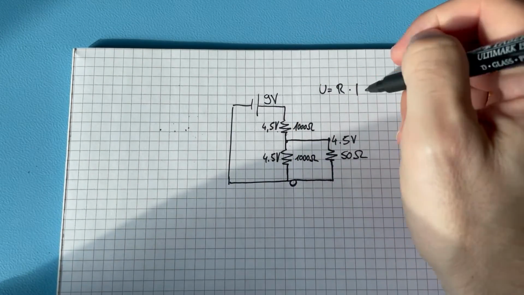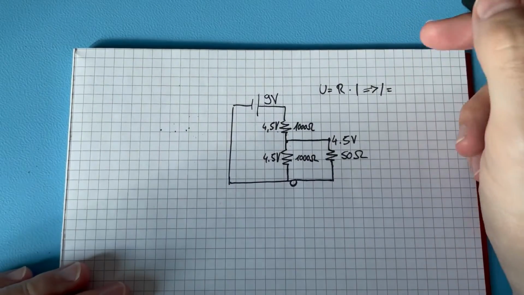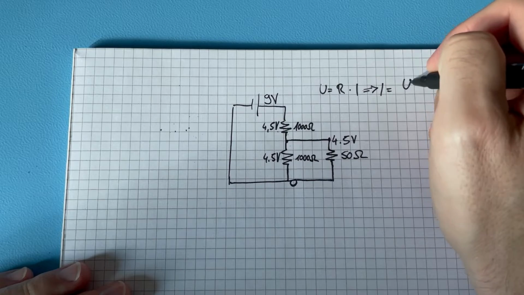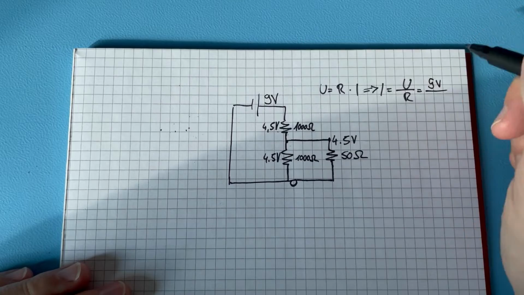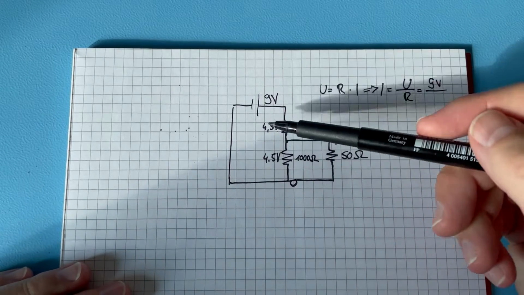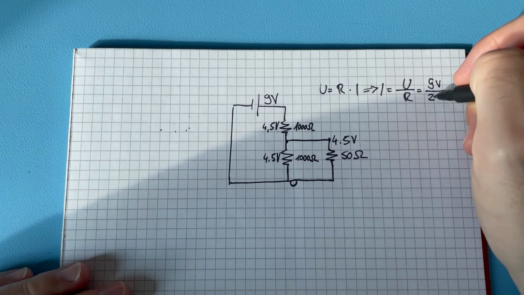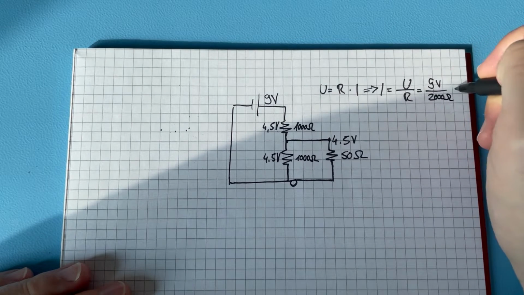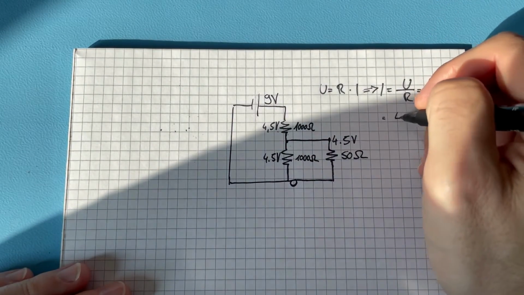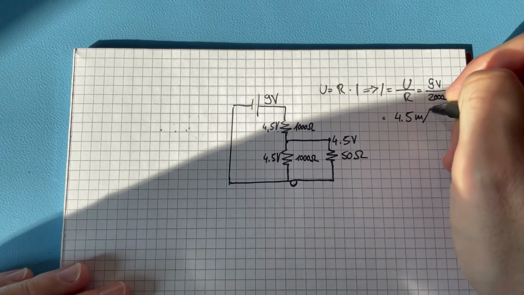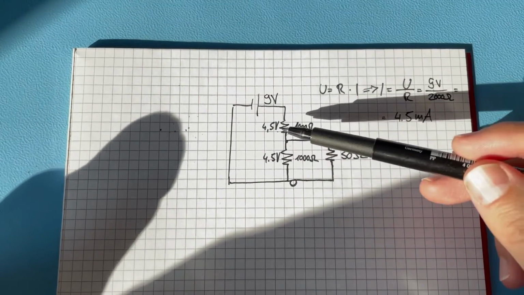And so we're solving now for I. This means I equals U divided by R. And before we had 9 volt over the two resistors, and the two resistors in sum, they were in series, and so it was 2000 ohm. And then you have 4.5 milliampere flowing through each of the two resistors.